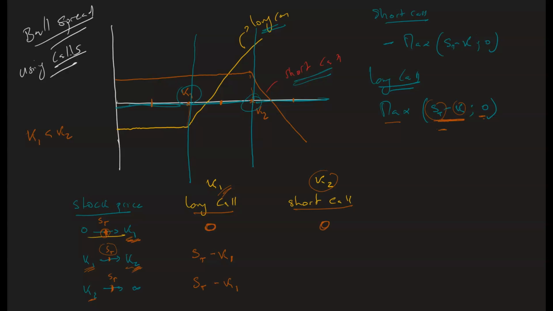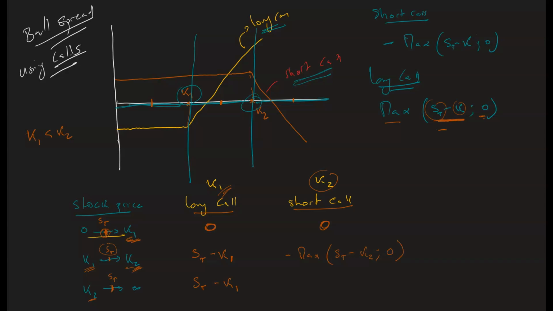We do the same thing for the second option. In the second option, we have a stock price that's between K1 and K2. So if the stock price is between K1 and K2, we're going to have minus the maximum of the stock price minus K2 and 0.